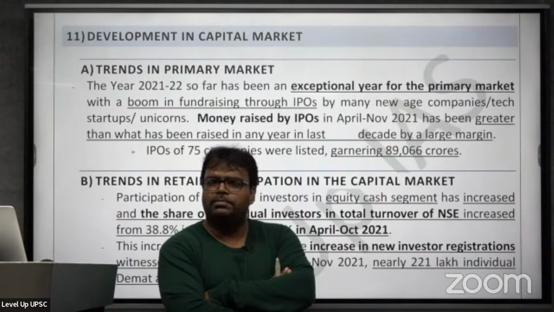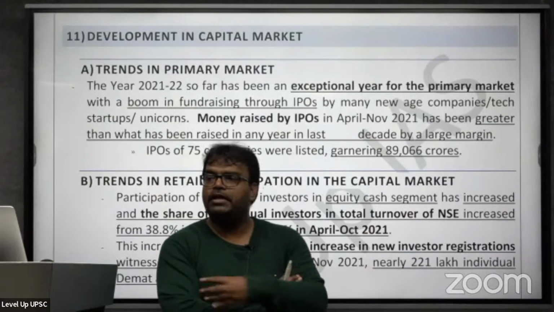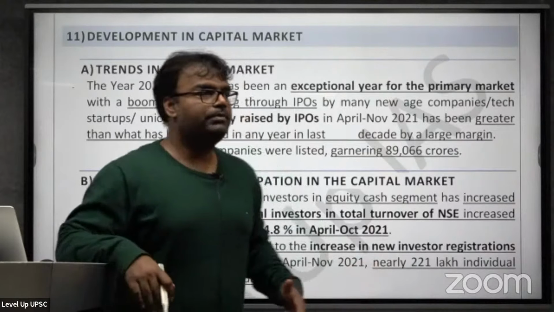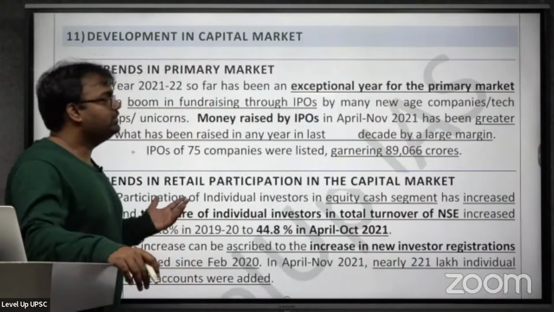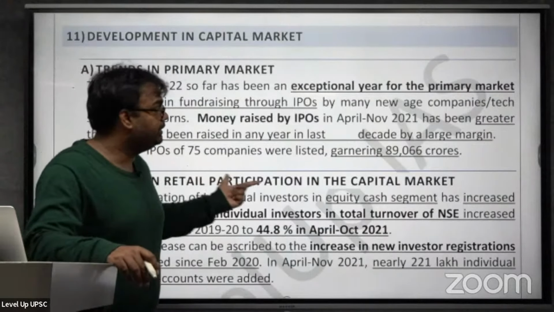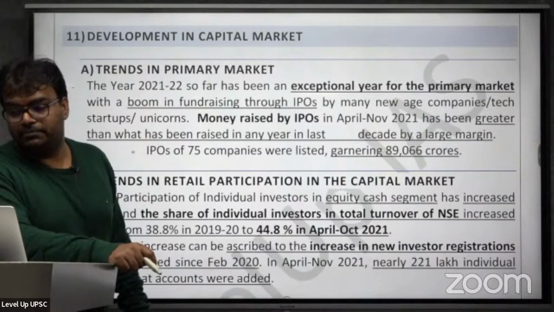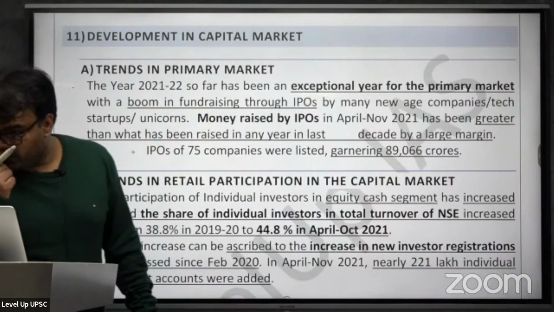There are many companies like Latent View, Tega Industries, Supriya Lifesciences, ऐसे बहुत सारी कंपनीज हैं, इनका आईपीओ अभी हुआ था. तो in fact अप्रैल to नवंबर में जितना आईपीओ हुआ है इंडिया में, वो last decade में largest है. In fact 75 IPOs were done in this period and 89,000 crore rupees was raised from the market by these IPOs. Nykaa, Zomato, MapMyIndia.